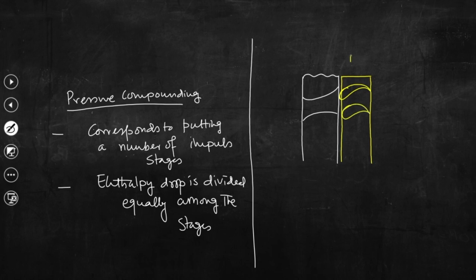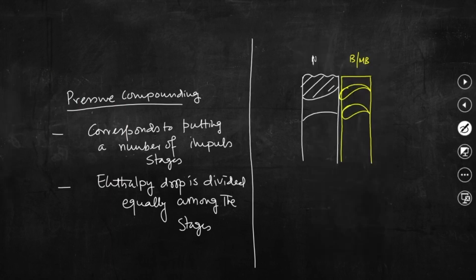This is the blade or moving blade, the first row of moving blades, and then this is the nozzle or fixed blade.